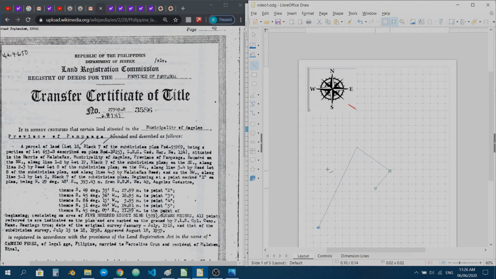1, 2, 3 to 0.4, this one, south 8615, west 5.95 meters. Maliit, maiksi lang pala. It's almost 90 degrees.